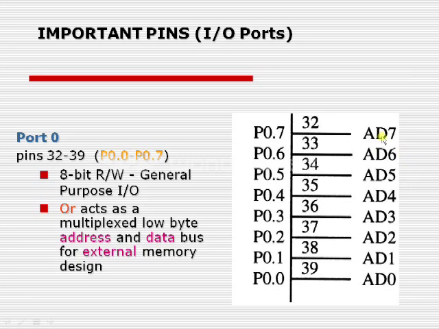Here AD represents two kinds of information, that is address and data. These lines are capable of carrying address as well as data information. That is why they are called multiplexed lines. Here this is going to carry the lower byte address, that is A0 to A7.